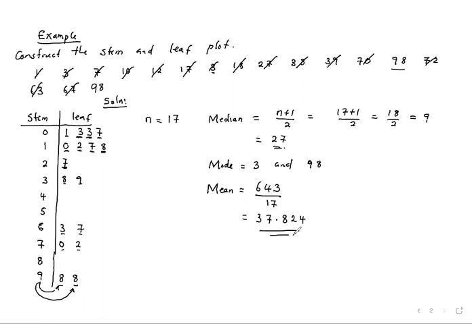You save time, so you keep 5 outside and have the other non-repeating digits inside. The leaves can repeat as many times as they want.